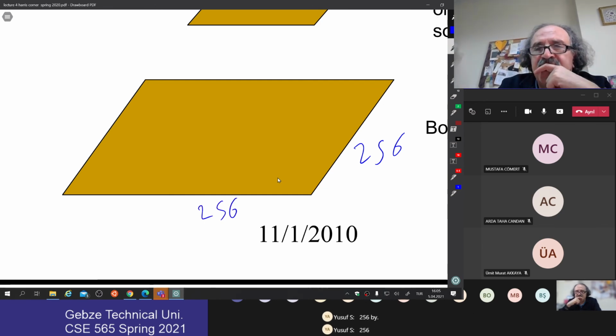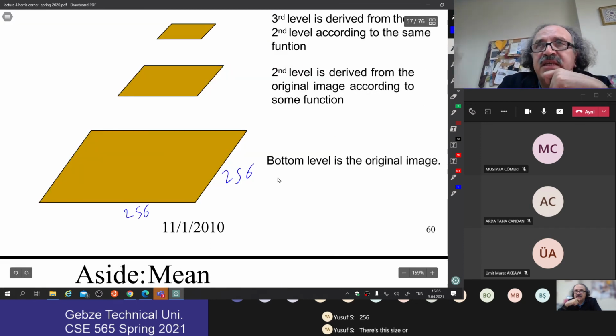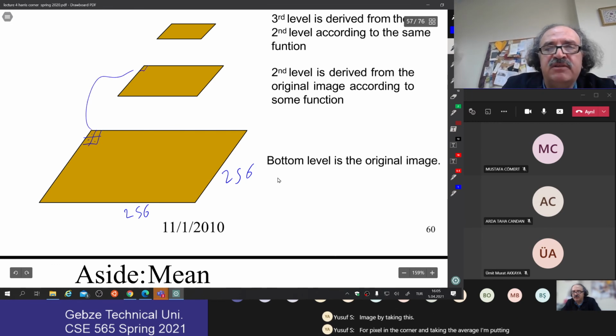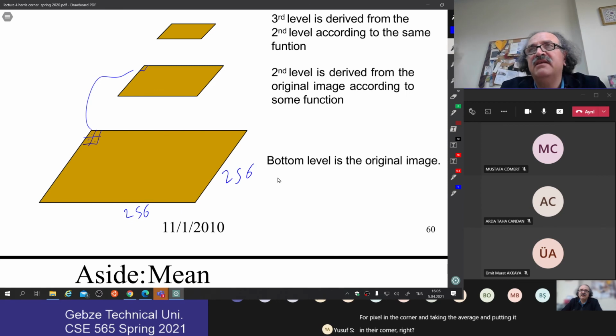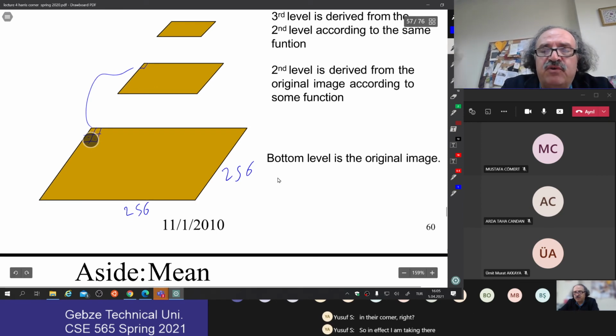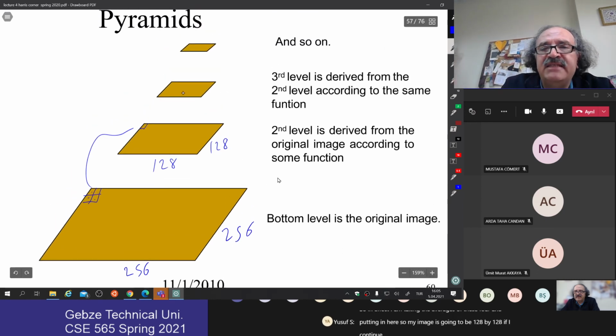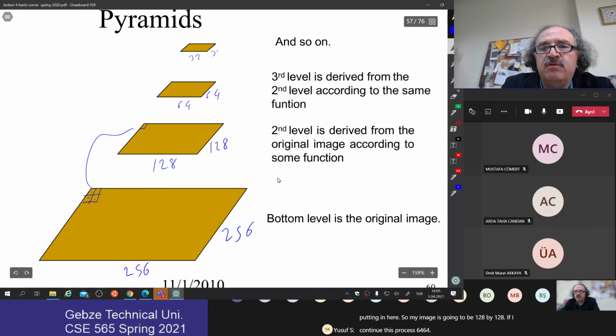I can produce a smaller version of this image by taking these 4 pixels in the corner and taking the average and putting it in the corner. So in effect, I am taking the averages of these 4 and putting it in here. So my new image is going to be 128 by 128. If I continue this process, 64 by 64, 32 by 32.